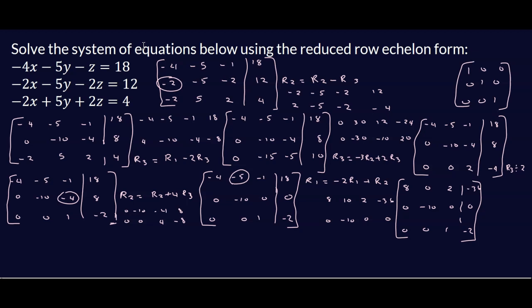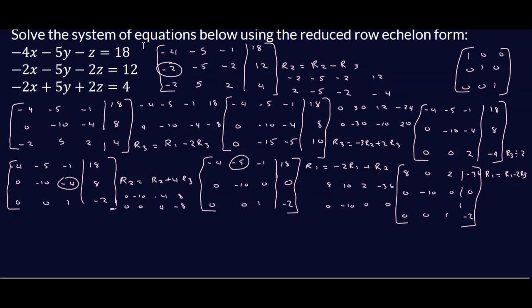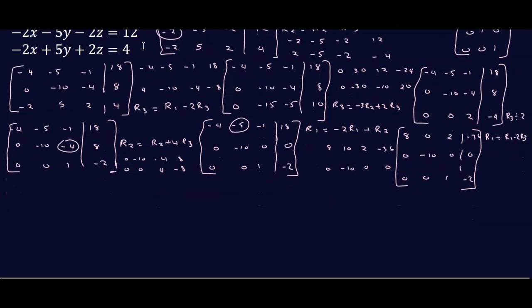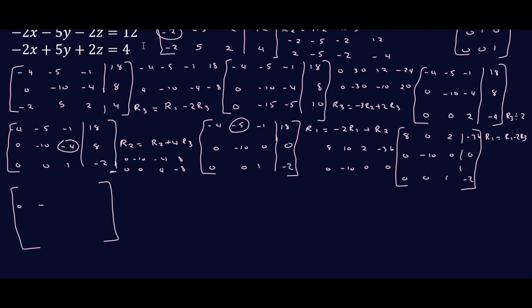we're trying to eliminate these 2 over here. So I'm going to use row 1 equal to row 1 minus 2 row 3. So let's go ahead and write out rows 2 and 3. Row 2 is 0, -10, 0, and then we have 0 here.